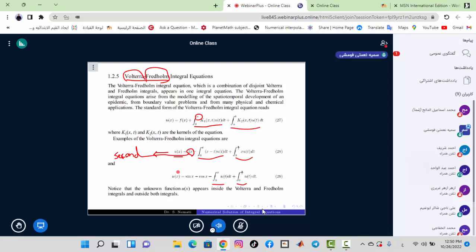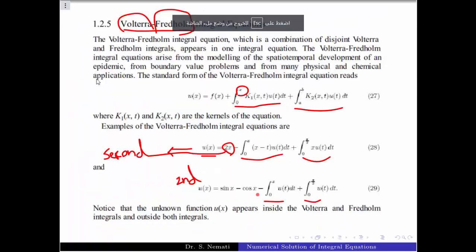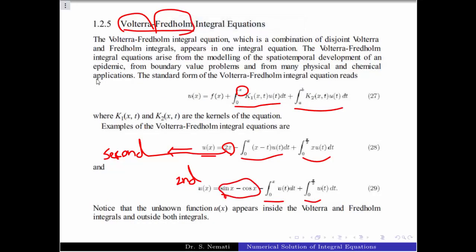The unknown function is also outside the integral sign, so this is second kind, and also this is an inhomogeneous integral equation because we have f of x, which is not 0.